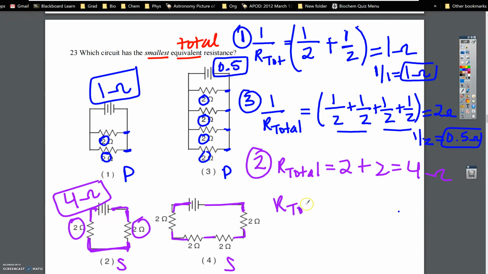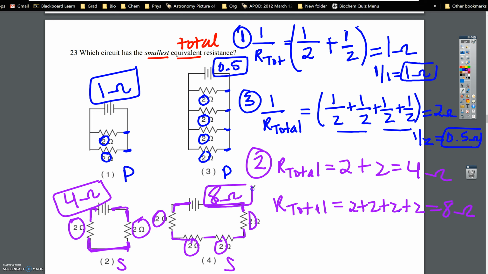My R total for this one, 2 plus 2 plus 2 plus 2, 1, 2, 3, 4, 5, 6, 7, 8 ohms. So for this, we have a total of 8 ohms. So what is my smallest total resistance? That would be number 3 here.